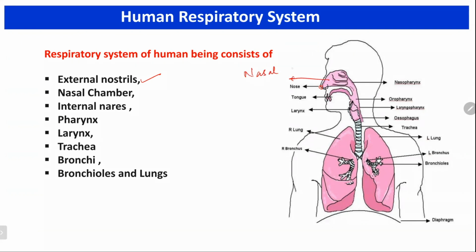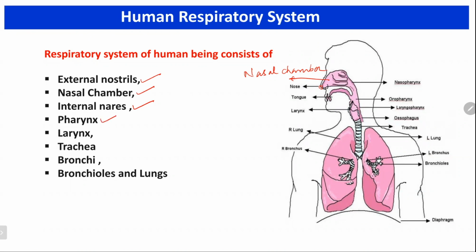So external nostrils open into what? Nasal chamber. So this is nasal chamber. And internal nares. Internal nares means internal nostrils. You can call even nostrils also. So then, nasal chambers through internal nostrils open into what?